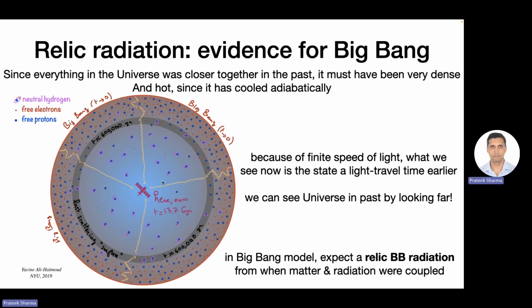The farther the object is, the earlier you are looking at it. Okay, so for example, the Milky Way has a size of, say, 10 kiloparsecs, about 30 kilo light years. So if you're observing a star at the edge of the Milky Way, you're basically observing it as it was 30,000 years ago.